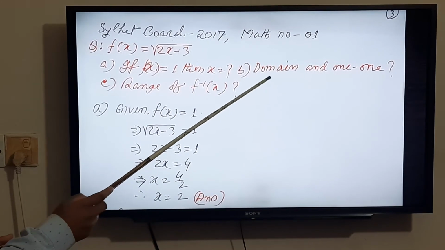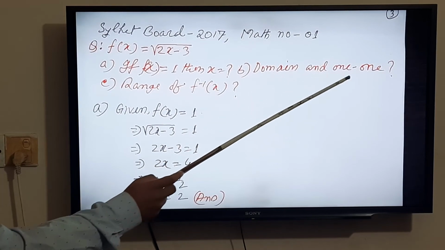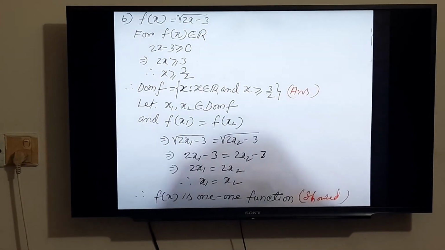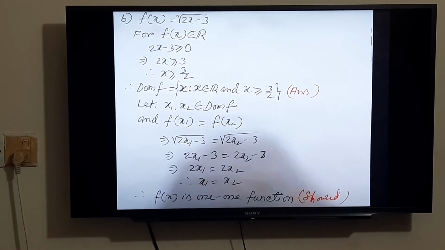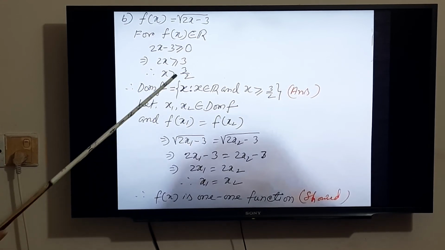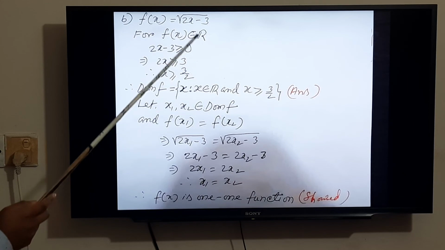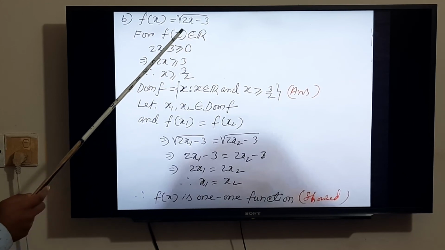And question B: what is the domain, and is it one-one? For the domain, we have to know how we can find the domain. At first, this is the function twice x minus 3. For which value of x is this undefined?